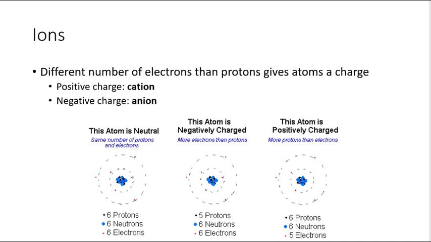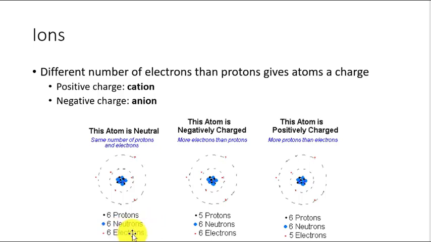But regardless, if there's a different number of electrons than there are protons in an atom, that's going to give that atom a charge. So here we have a carbon atom that has 6 protons and 6 neutrons, and it has 6 electrons. So these 6 protons with a +1 charge balance out these 6 electrons with that negative charge.